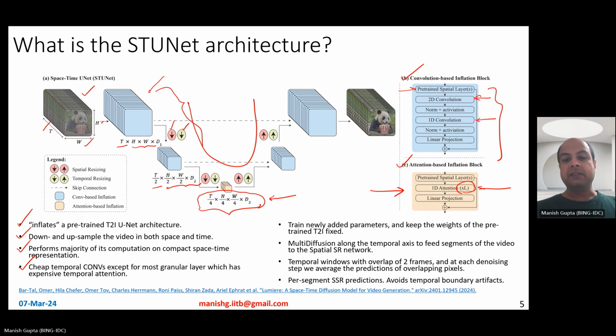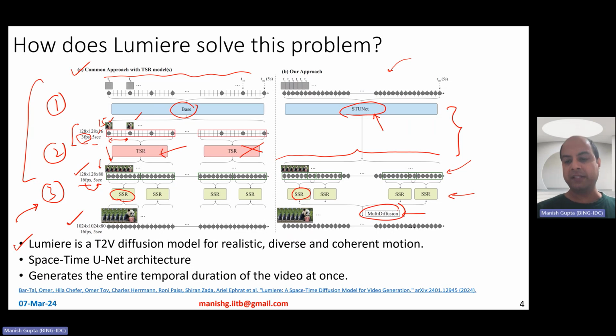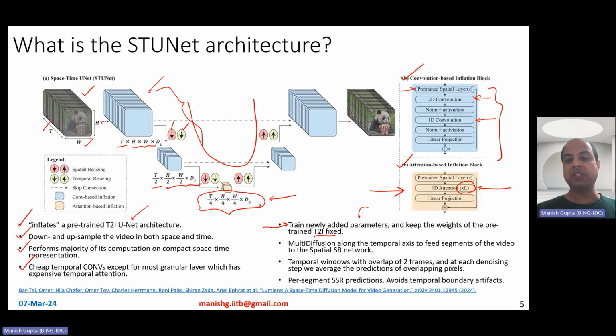Now, the idea is that you use the pre-trained text-to-image models, but then you train newly added parameters and keep the weights of the pre-trained T2I fixed so as to ensure faster training, right? Lastly, after the STUNet is done, you also have multi-diffusion for spatial super resolution.